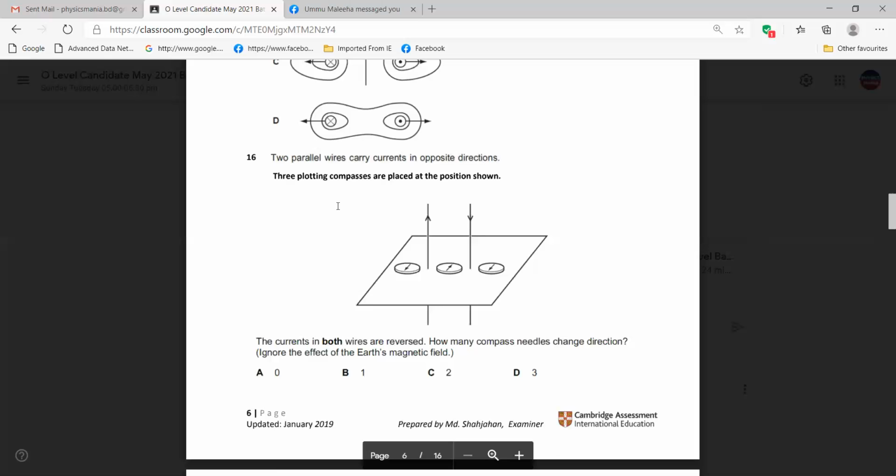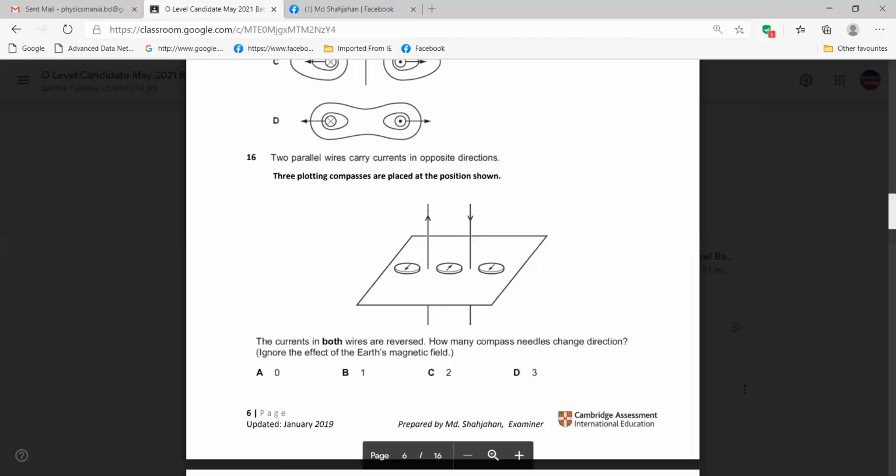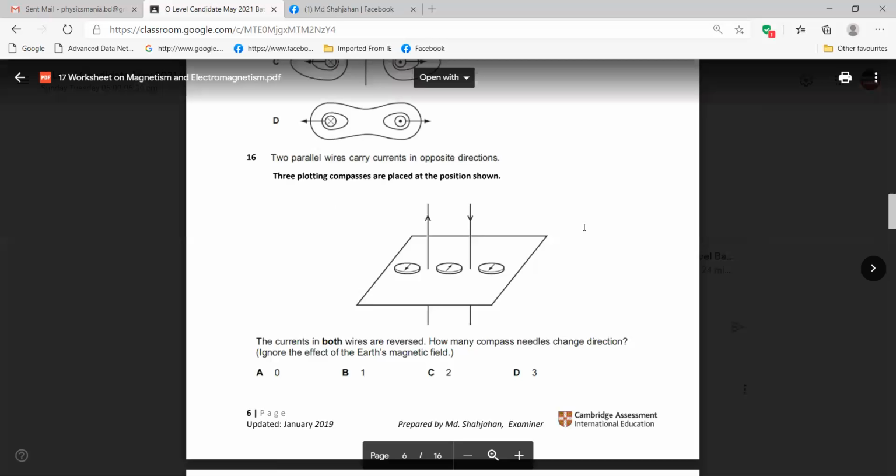Sir, is it zero? Is it A? How many compass needles change direction? Zero. Both the wires reversed. Did you check with the rule?